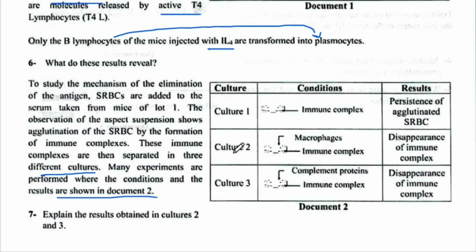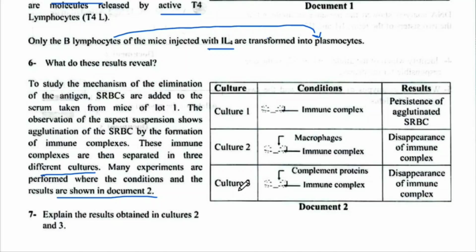For culture 2, macrophages are added to the immune complex. The result is the immune complex disappears because the macrophages eliminate it by phagocytosis.